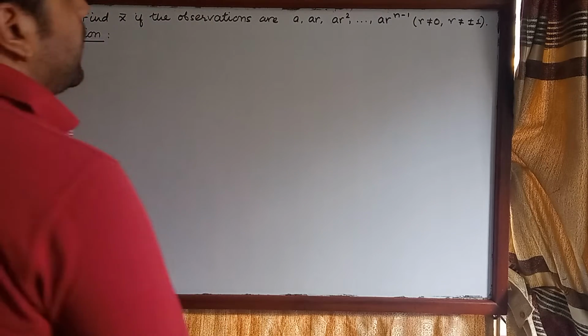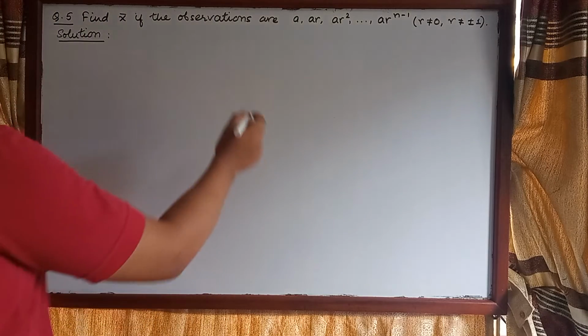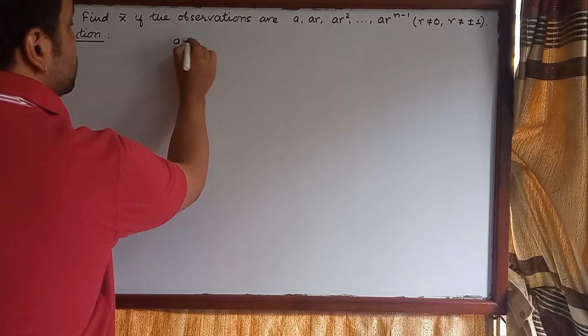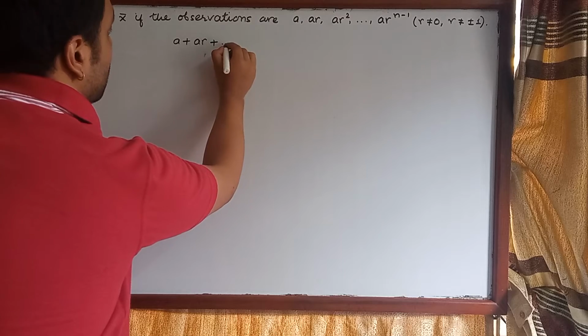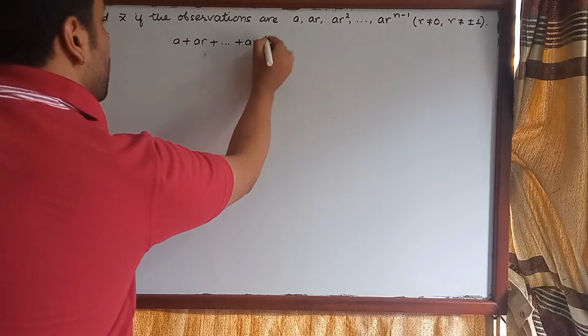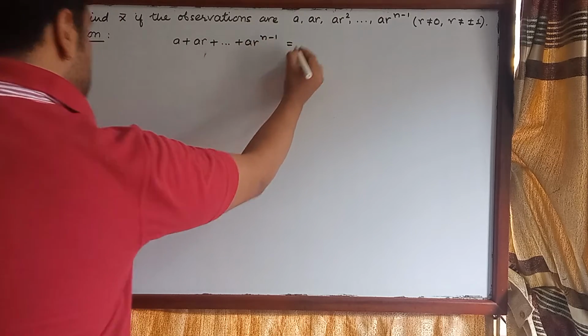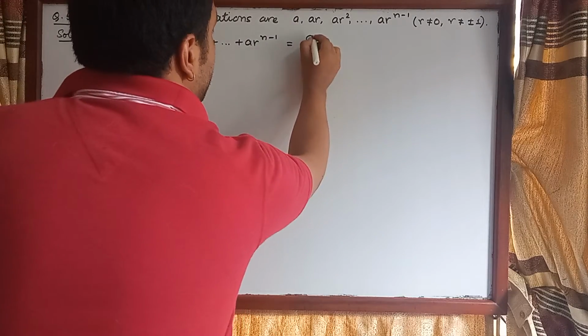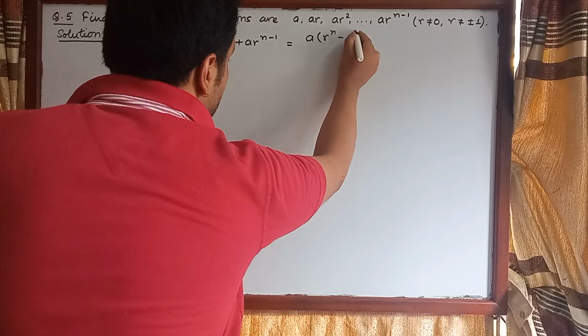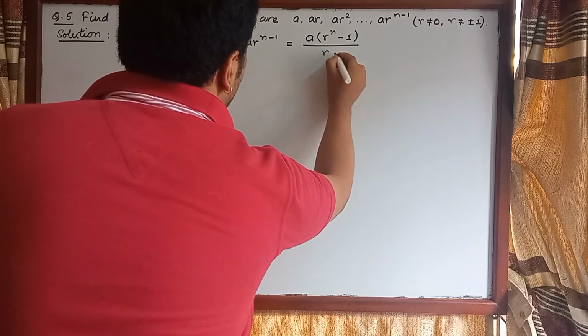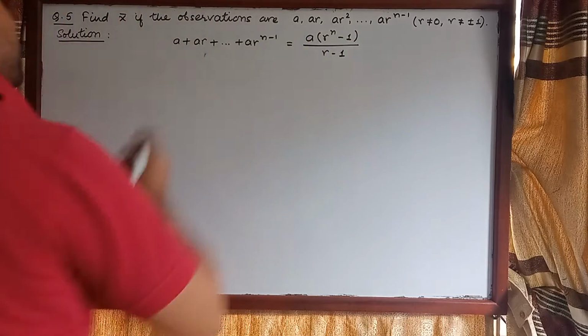We can write a plus ar plus all the way up to ar^(n-1) to be equal to a times (r^n minus 1) over (r minus 1), first term, common ratio.